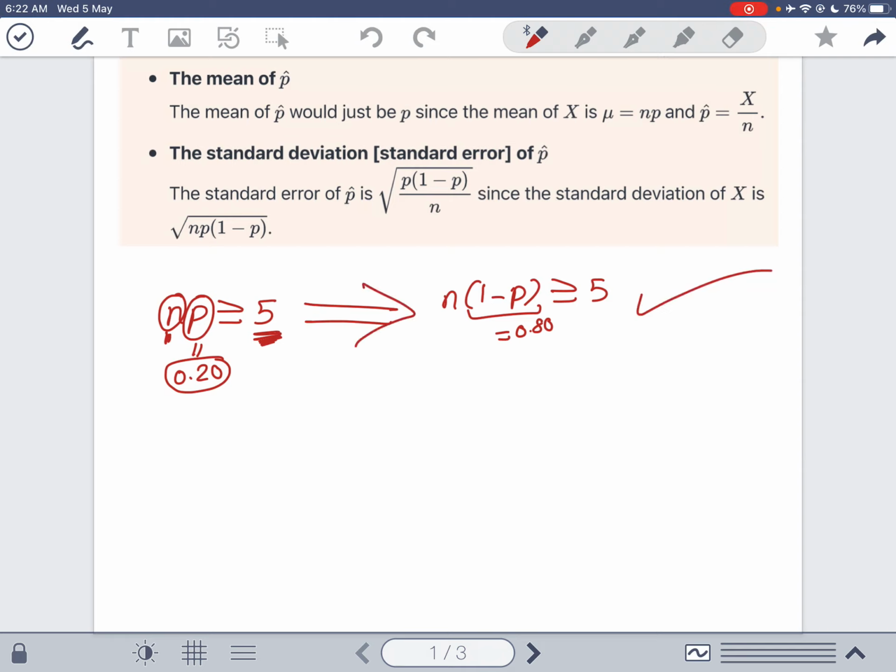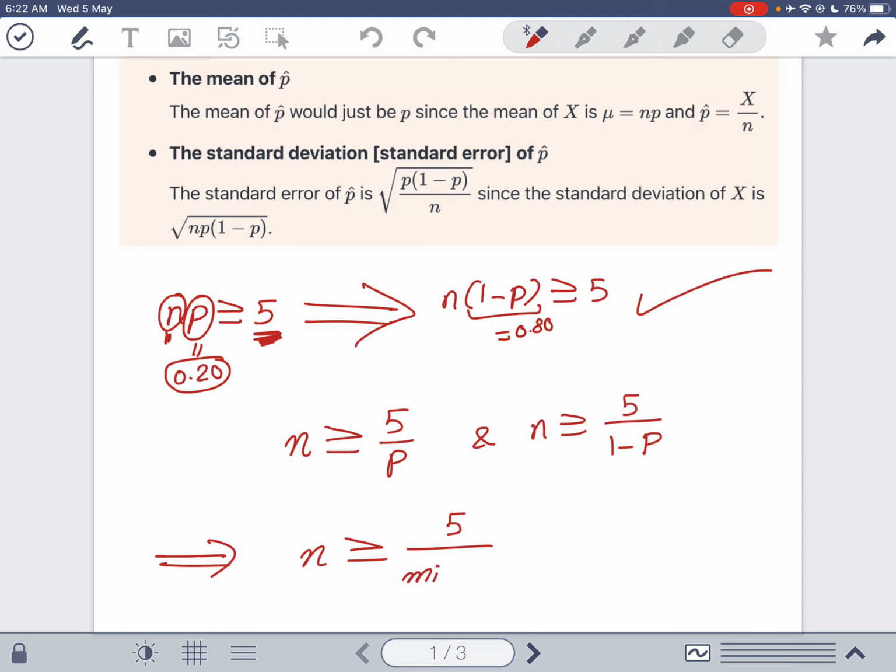So you can write this condition in a nicer way. You can write it first like this, n bigger than or equal to 5 over p and n also bigger than or equal to 5 over 1 minus p. If you want to combine them into one, look at how beautiful it is. You can say n is bigger than or equal to 5 over the minimum of p and 1 minus p.